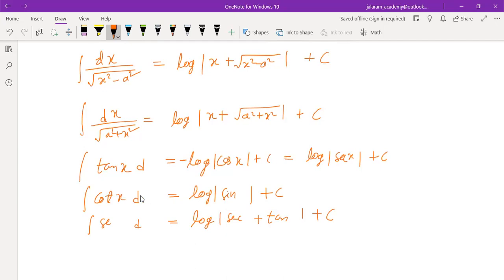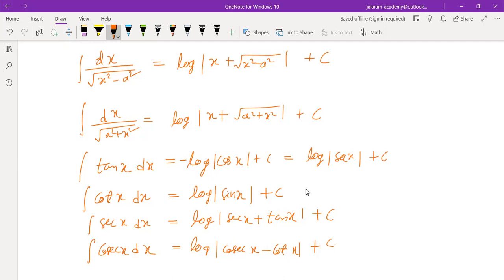Integration of cot x dx is log sin x plus c. Integration of sec x dx is log sec x plus tan x plus c. Integration of cosec x dx equals log modulus cosec x minus cot x plus c.